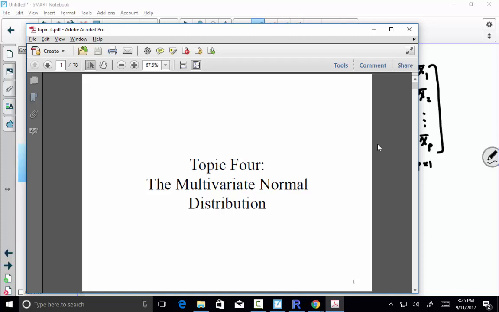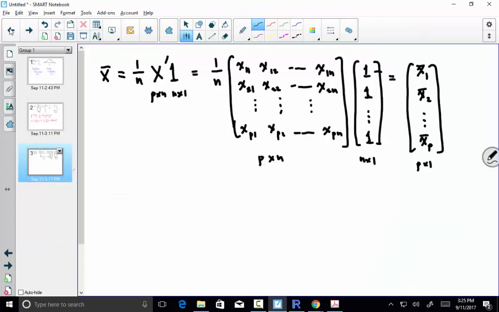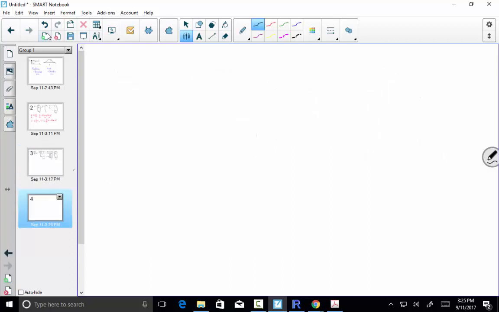And just like in Stat 101, how you are kind of tied to the normal distribution, the univariate normal, some of the methods in multivariate are tied to the multivariate normal. So I'd like you to know the basics of multivariate normal.